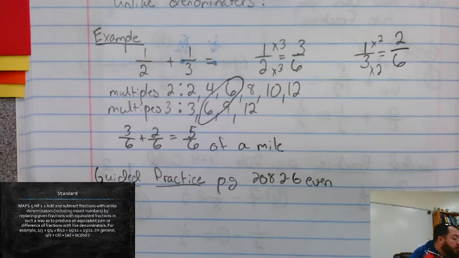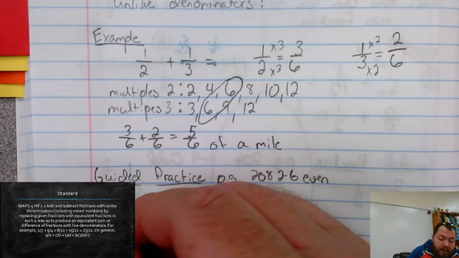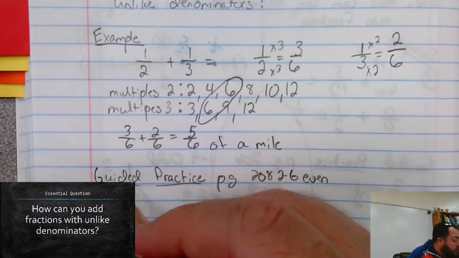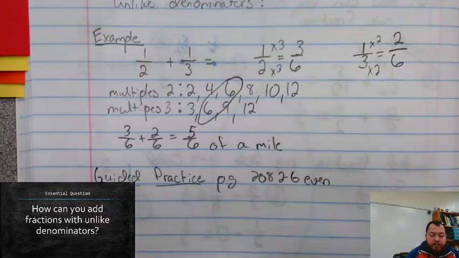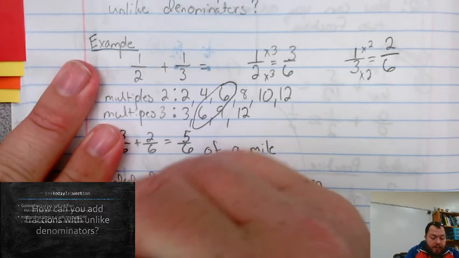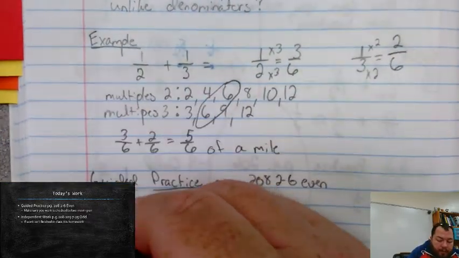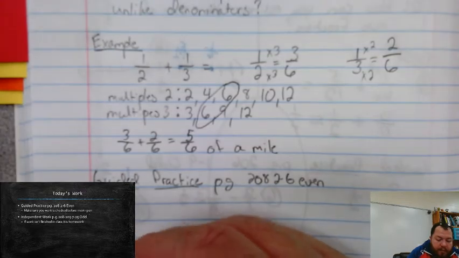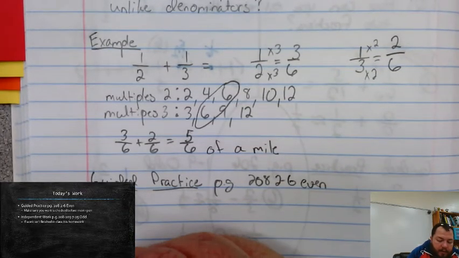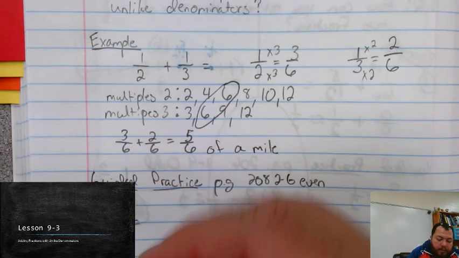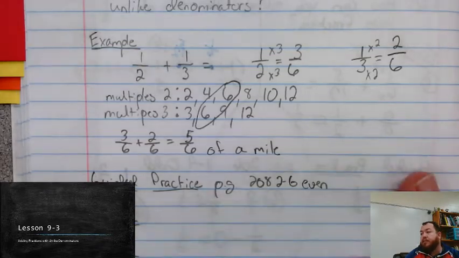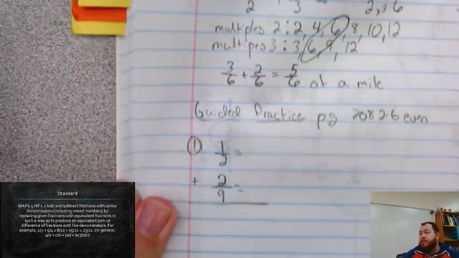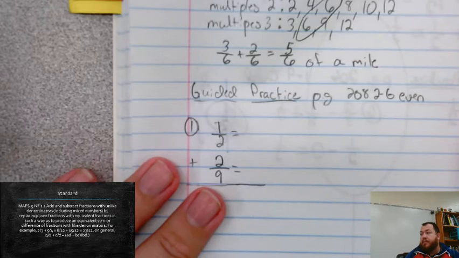Number 1 says the directions are find each sum, simplify if necessary. So it's 1/2 plus 2/9. Let me erase this so I can write it bigger. 1/2 plus 2/9 equals. So the first thing I have to do is find the least common multiple of 2 and 9.